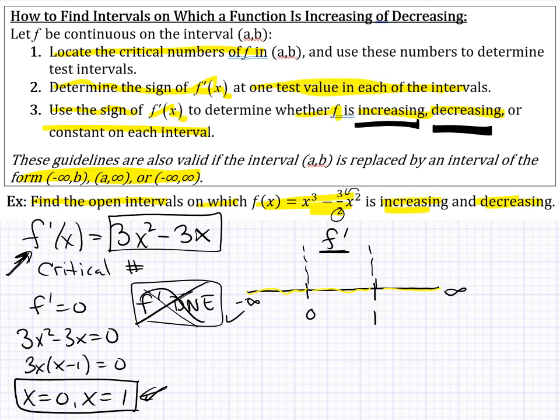And what we need to do is say, if I take some value in this interval, let's say negative 1, and I plug it into the derivative, what kind of answer do I get? When I plug negative 1 into the derivative, you end up getting a positive answer. That's simply found by plugging it in and doing the computation.